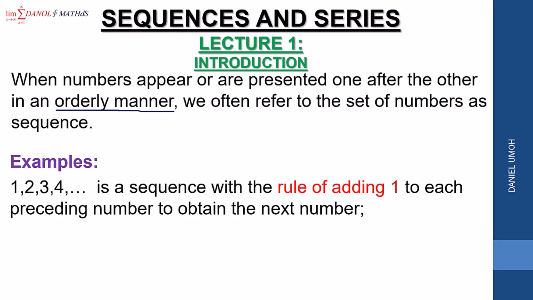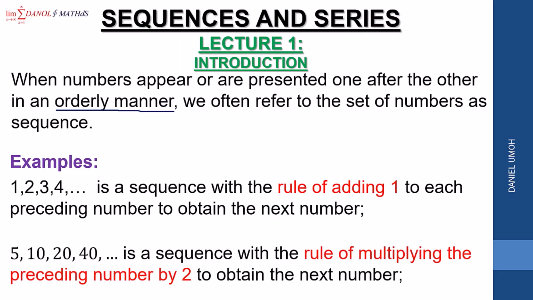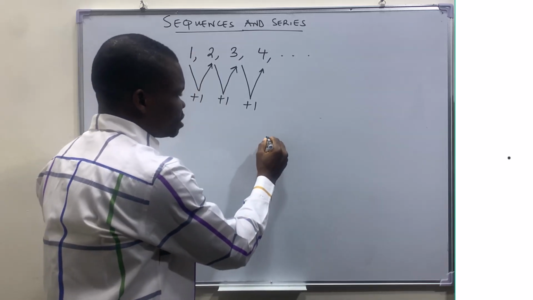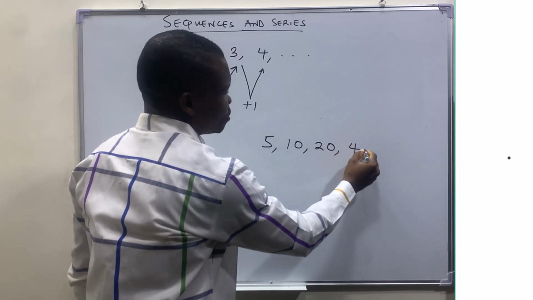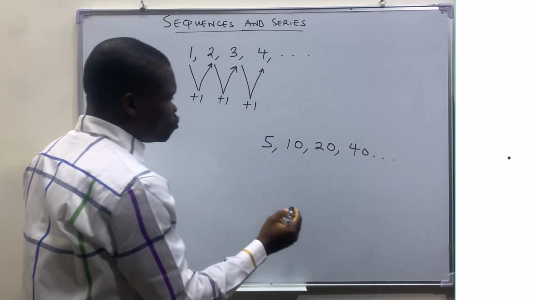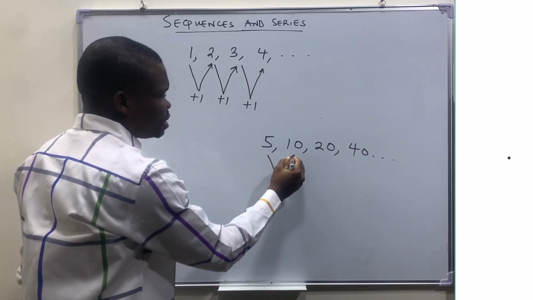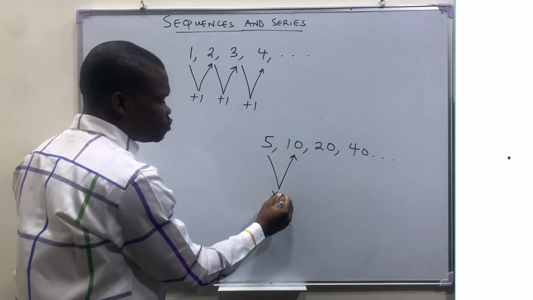Now let's look at another classical example. The sequence 5, 10, 20, 40 is a sequence of set of numbers with the rule of multiplying the preceding number by 2. This is what I mean. If you look at the sequence 5, 10, 20, and then 40, you can see that the rule for the formation of this sequence is multiplying the preceding number by 2.